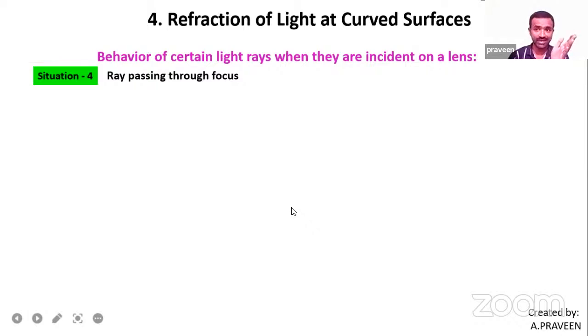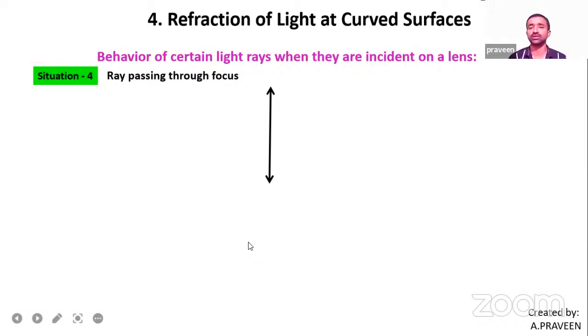In the previous case, we considered rays parallel to the principal axis. In a double concave lens, they appear to diverge, and in a double convex lens, they converge. Now we are taking converging or diverging light rays. For a double convex lens, we consider diverging light rays. From where do they diverge? From the focus.